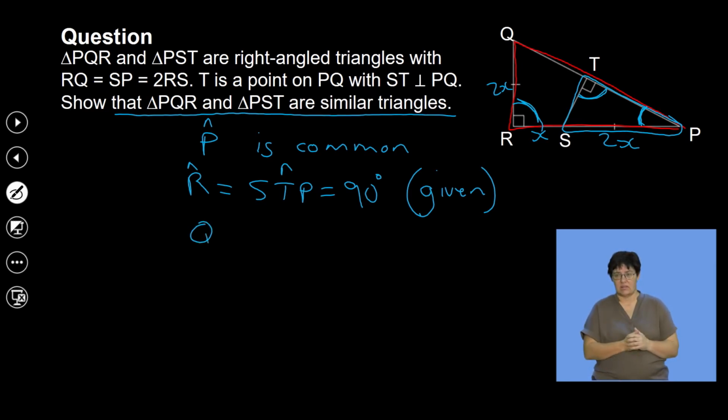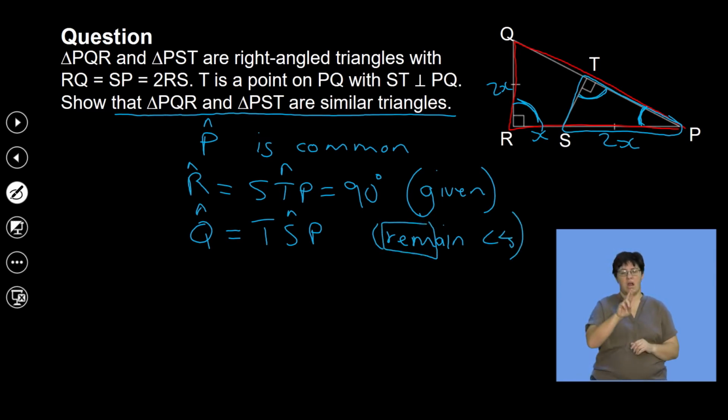So I will therefore say Q will be equal to the angle in the smaller triangle, which is S, so it's TSP. And my reason for this will be remaining angles of a triangle. But normally you use REM. You don't need to write the whole thing.